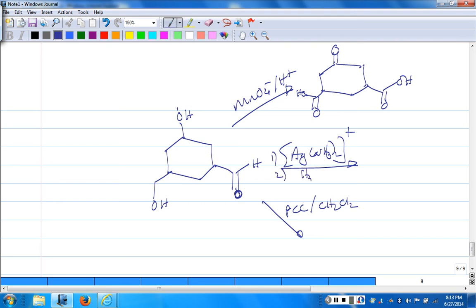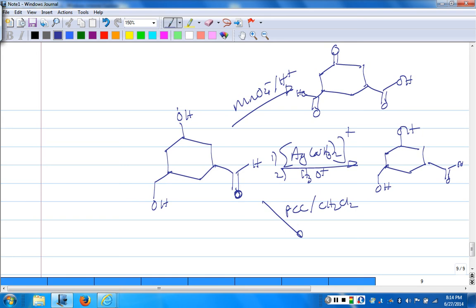Great. What about Tollens reagent? Well, Tollens reagent has no action on alcohols, but it will oxidize aldehydes to the carboxylic acid. So the product of oxidation of this compound is going to be a dihydroxy acid. What if I use PCC and methylene chloride?